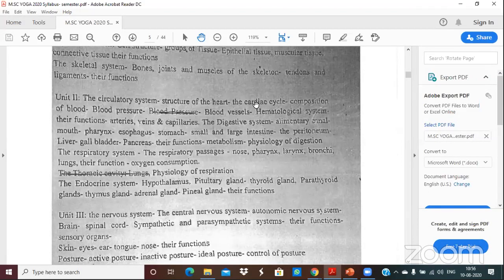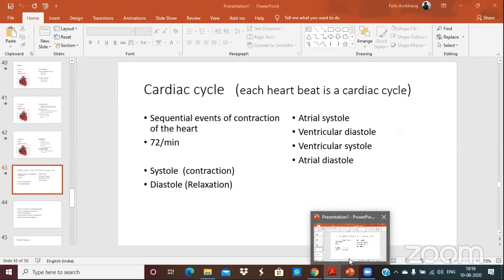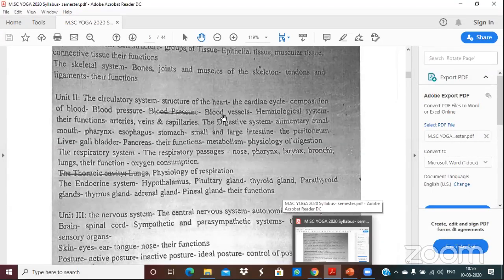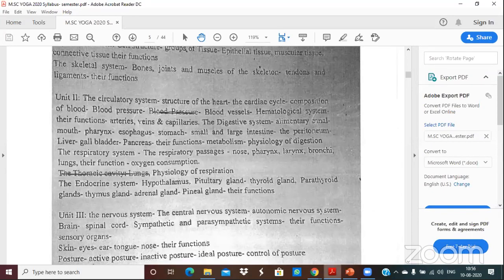I hope some of you might know this very well, and that is good. I am only concerned about the people who are new to this anatomy and physiology, or have some difficulty understanding; they can very well ask questions. So now we move on to the cardiac cycle.